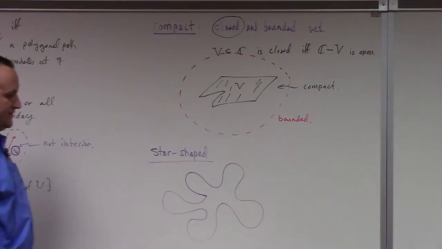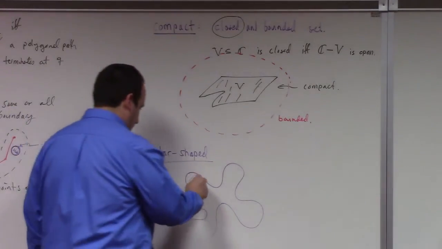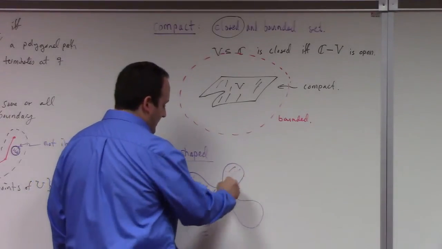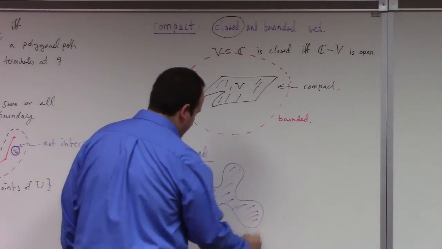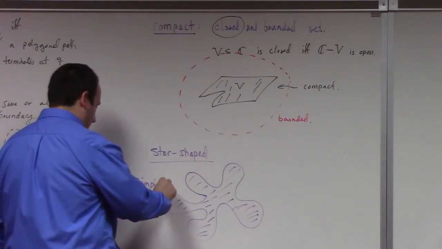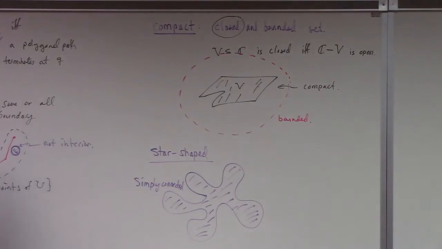There you go. That thing is simply connected. And so a lot of the theorems that we'll state in this course for star-shaped can be improved to a simply connected domain, or simply connected region.